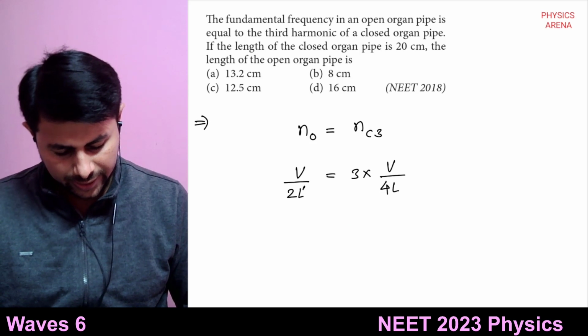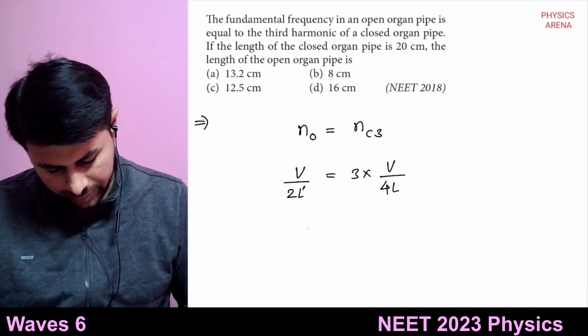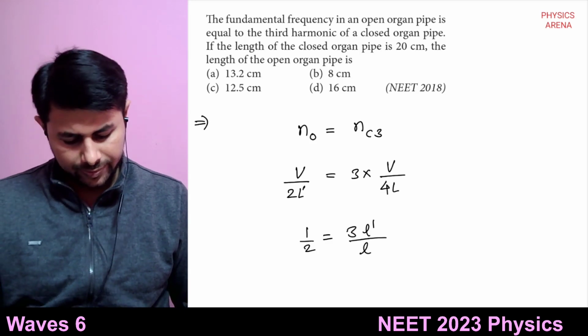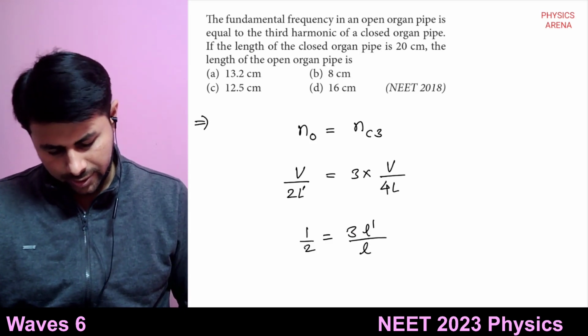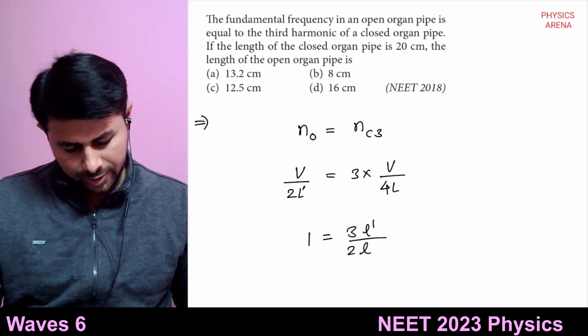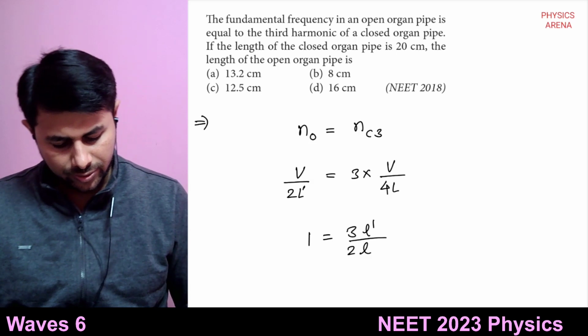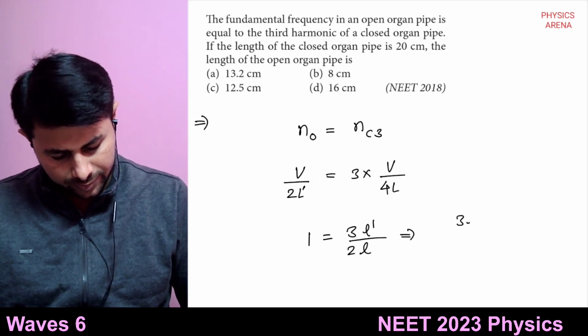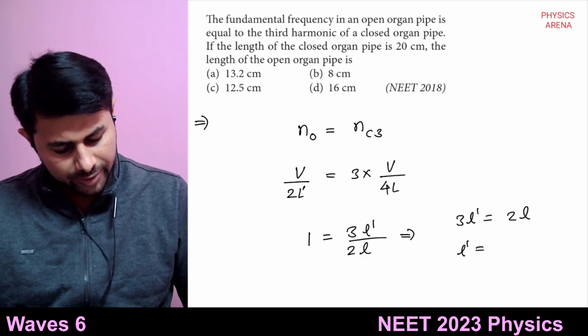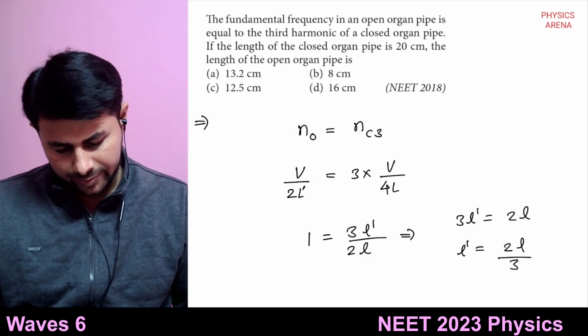Take L dash on other side. So 1 by 2 is equal to 3 times L dash upon L. Sorry, it will be 1 here, right? Okay, so 3L dash equals 2L. That means L dash equals 2L divided by 3.